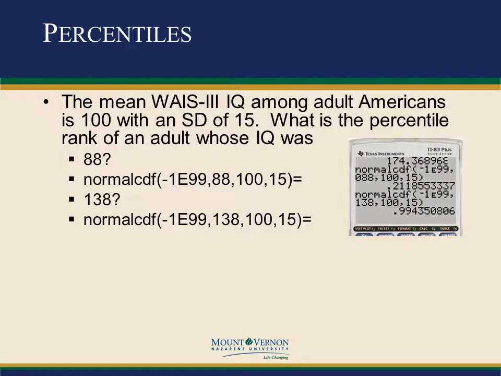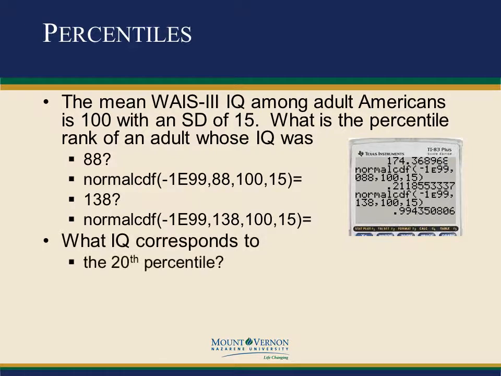Here's the actual output from the calculator for those two problems. And you can see that for the first problem, the percentile rank of an adult with an IQ of 88 is 21, the 21st percentile. And the percentile rank of an adult with an IQ of 138 is 99.4, the 99.4th percentile.